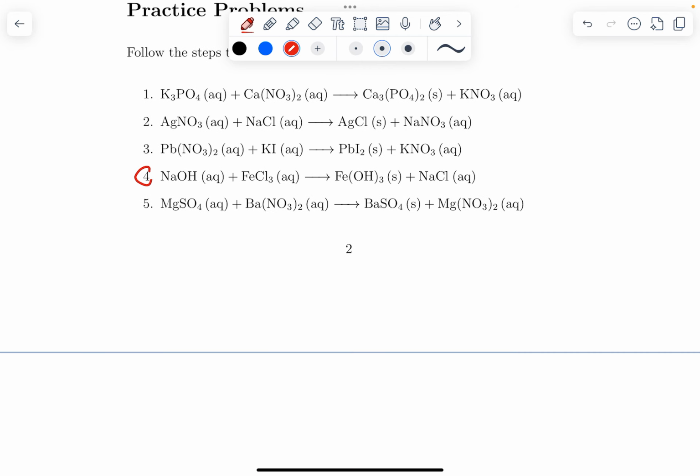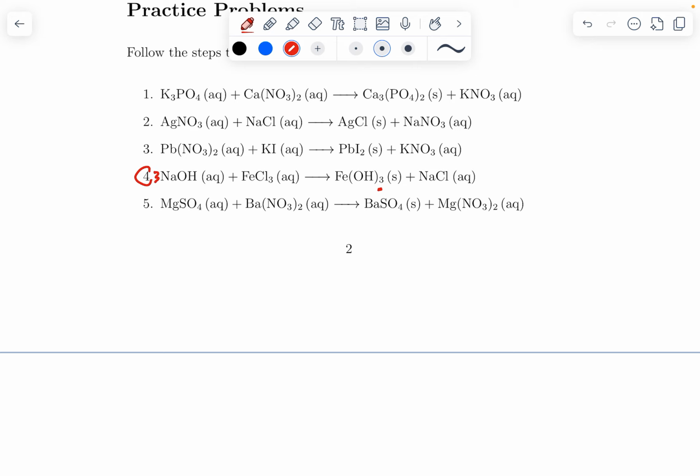So first of all, is this equation balanced? This chemical reaction, is it balanced? You might want to pause the video and take a look at that. Okay, the first thing I notice is that there's 3 hydroxides here. So in order to fix that, I need to put a 3 here.